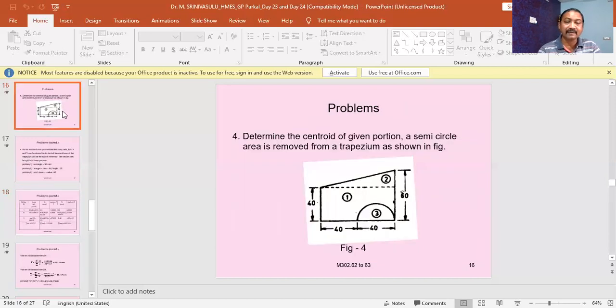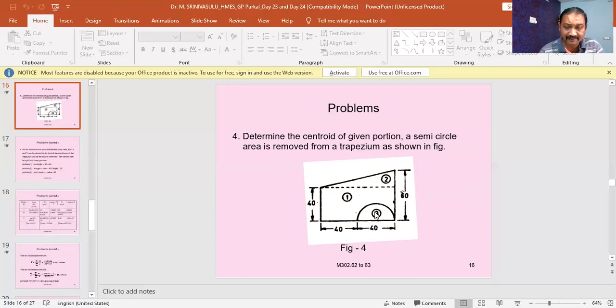Now coming to the third part, that is the third figure, the semicircle. Here the area is equal to pi r square by 2. Here the r is equal to 40 by 2, that is 20. So we know the area. And coming to the x3.